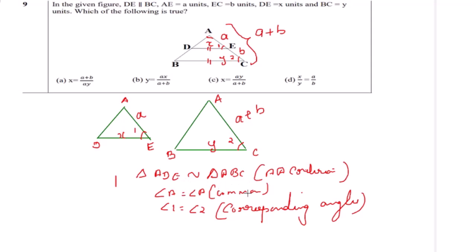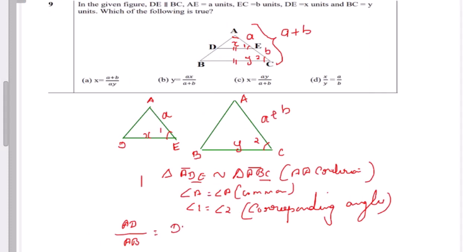If two triangles are similar, we can say that sides are proportional, that is, sides are in the same ratio. That means AD divided by AB is equal to DE divided by BC is equal to AE by AC.